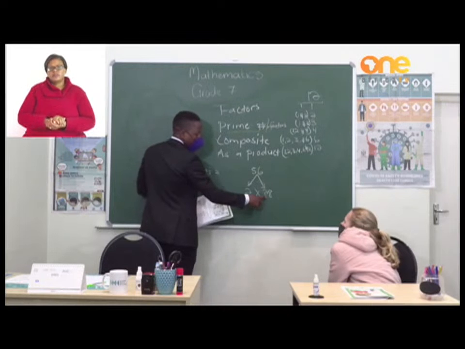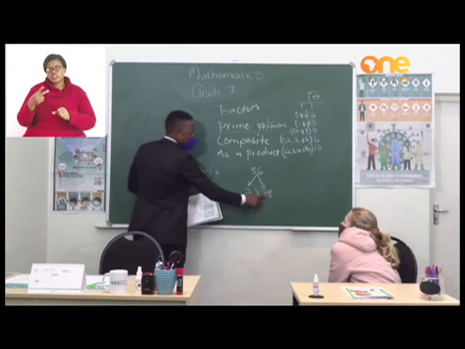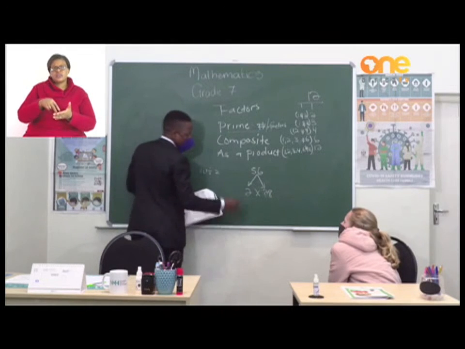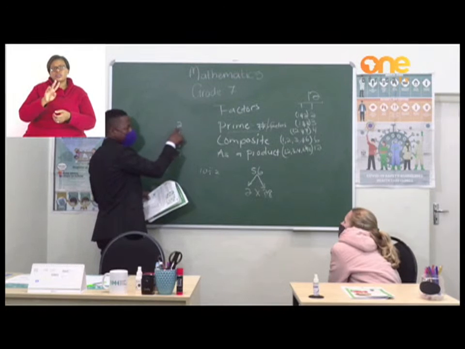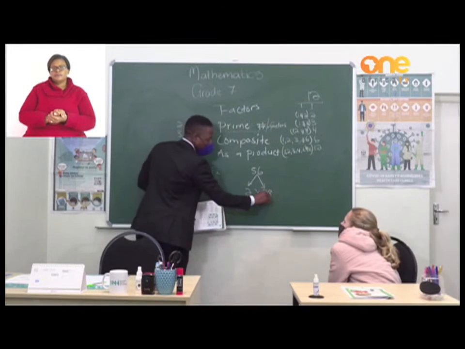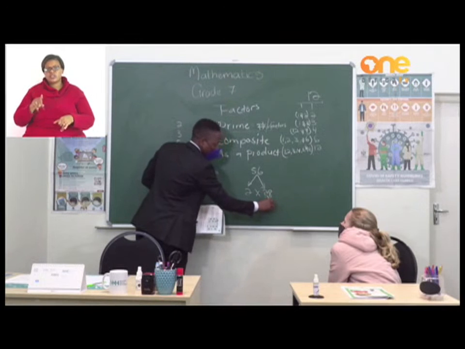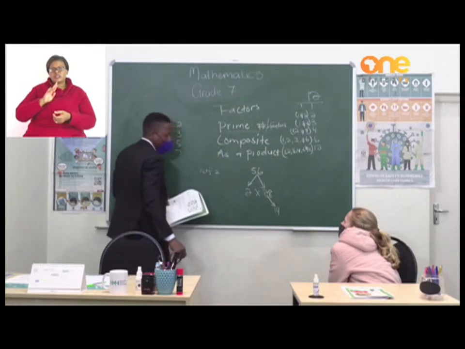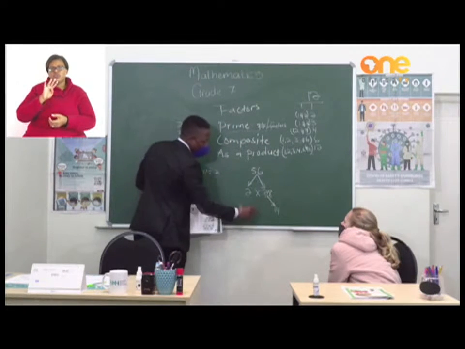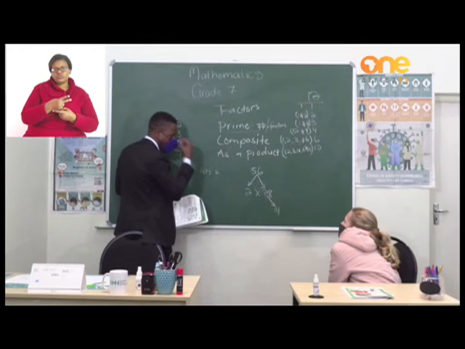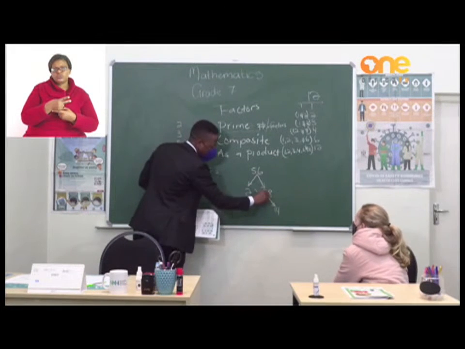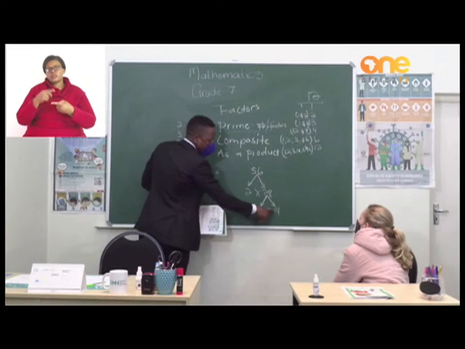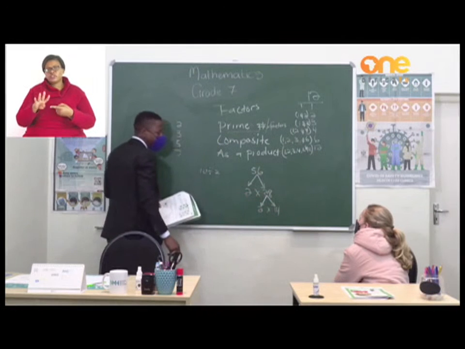Going down with 28, it is an even number, and even numbers are divisible by 2. So I'm still halving. If I halve 28, I will have 14. What number must I multiply with 14 to get 28? Remember, we halved, so we have to multiply. 2 times 14 gives me 28.